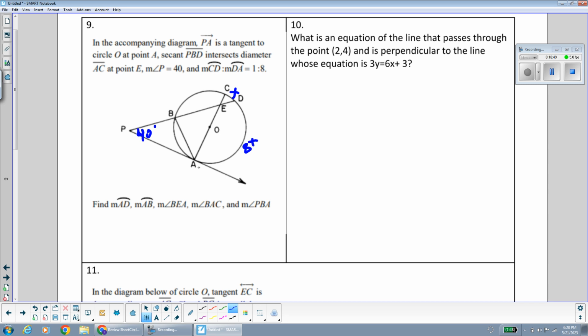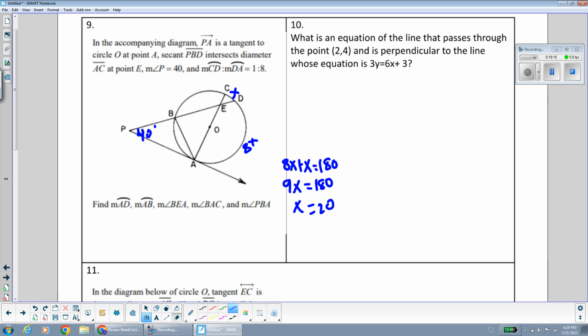And since I know that this is a diameter, I know that together these two arcs need to make 180 degrees. So I'm just going to quickly set up an equation, 8x plus x equals 180. So that's 9x equals 180. And if I divide 180 by 9, I get x is equal to 20.